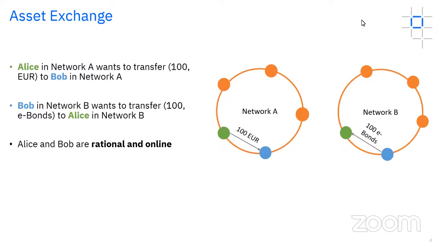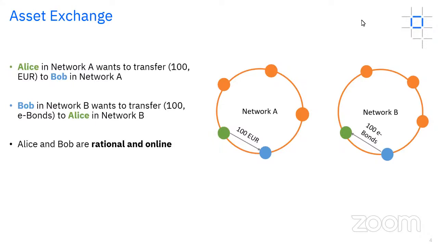Alice and Bob are both in the same network, and they can both send and receive CBDCs in that network. Then we have a second network, network B, in which we have securities. The use case here is that Alice would like to exchange 100 euros for 100, let's say, bonds, and she agreed with Bob on that exchange.